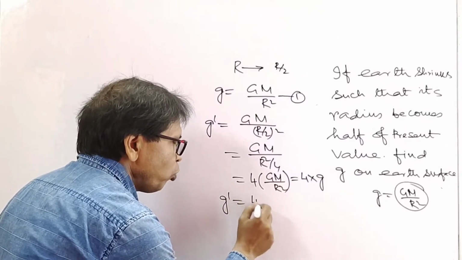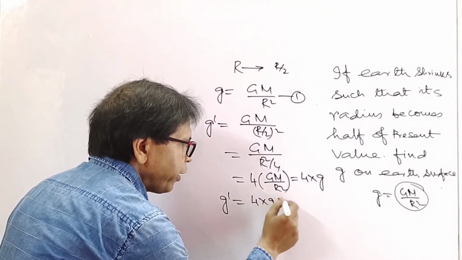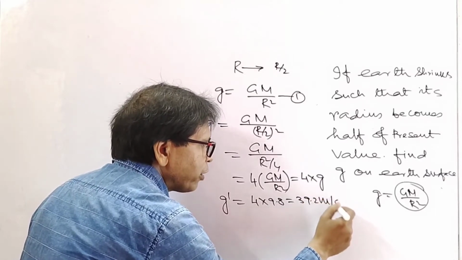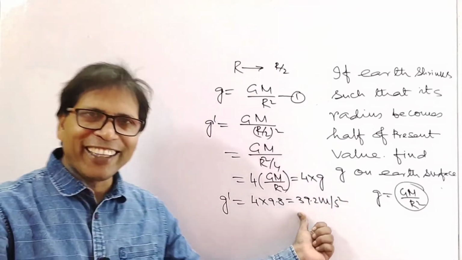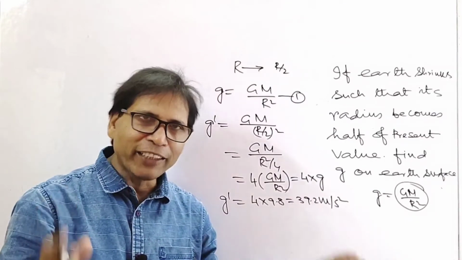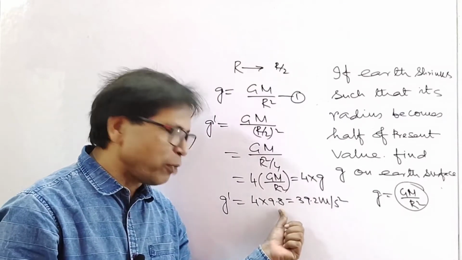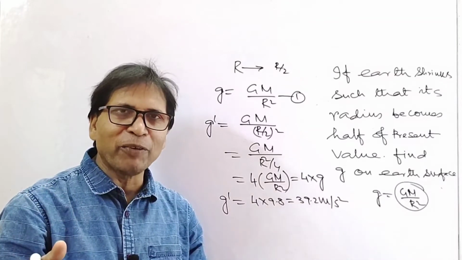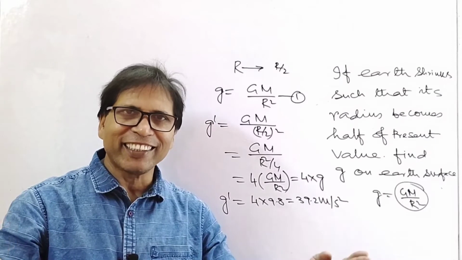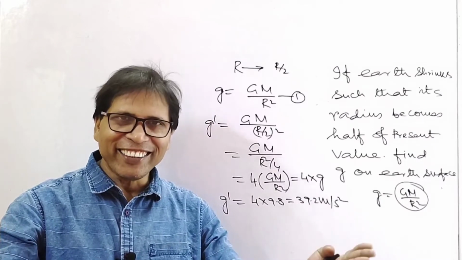So g dash becomes 4 into 9.8, that is 39.2 meter per second square. Understood? So the acceleration due to gravity on the earth's surface becomes 4 times its present value, that is 39.2 meter per second square.